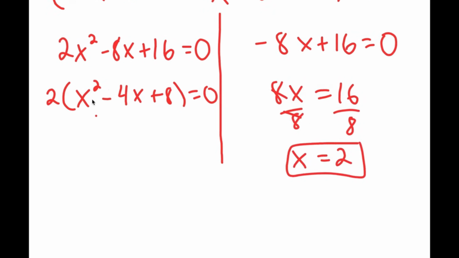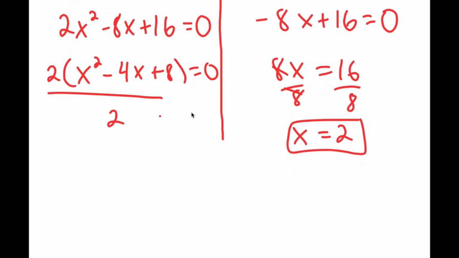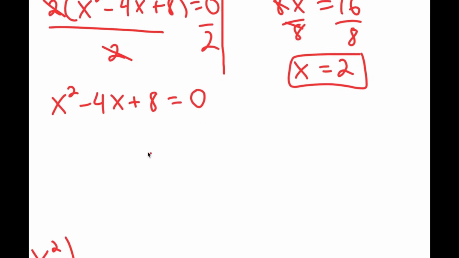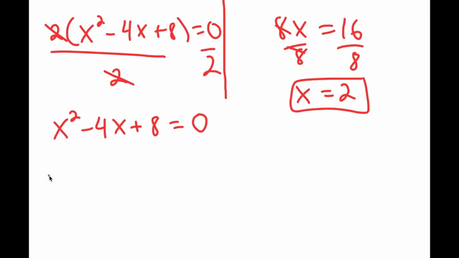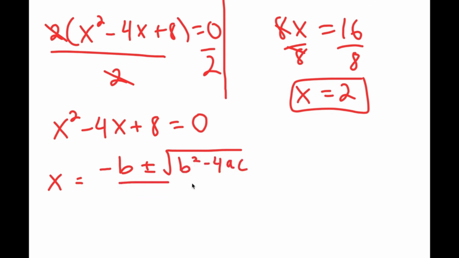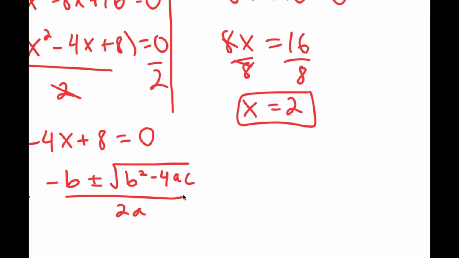That's one solution. And now continuing this, if I divide both sides by 2, I get x squared minus 4x plus 8 is equal to 0. And if I use the quadratic formula, which is negative b plus or minus the square root of b squared minus 4ac, all over 2a.